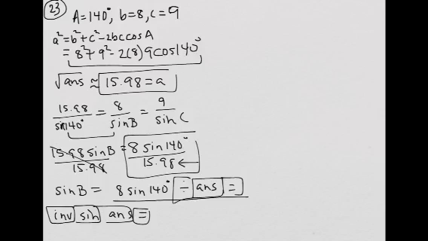And that angle is 1877. And for angle C, you can just do 180 minus the sum of 140 plus 1877, and that'll give you 2123. So this is for angle C.